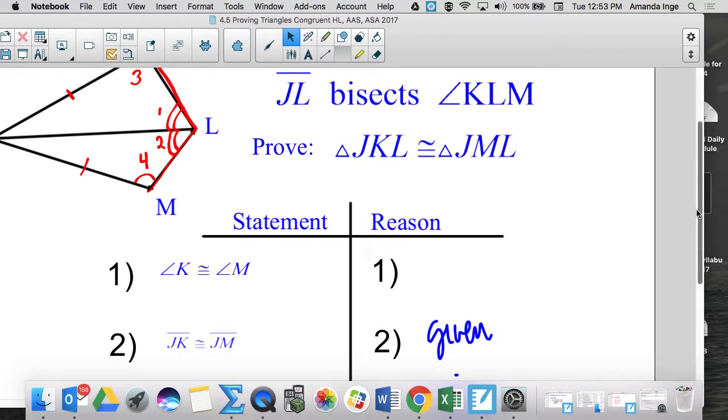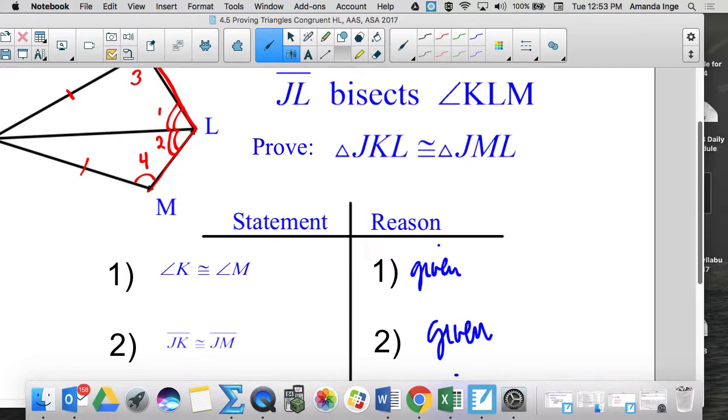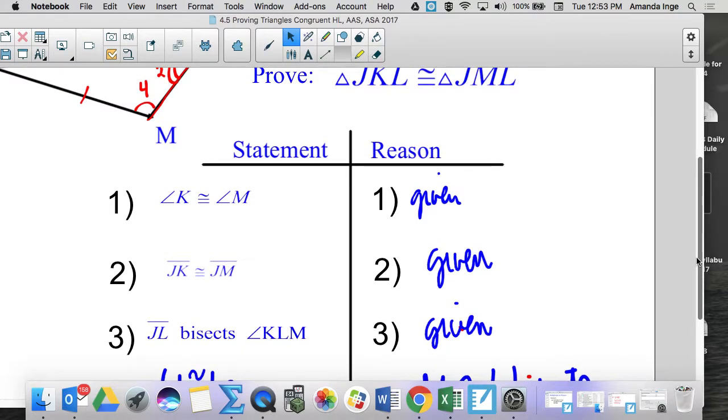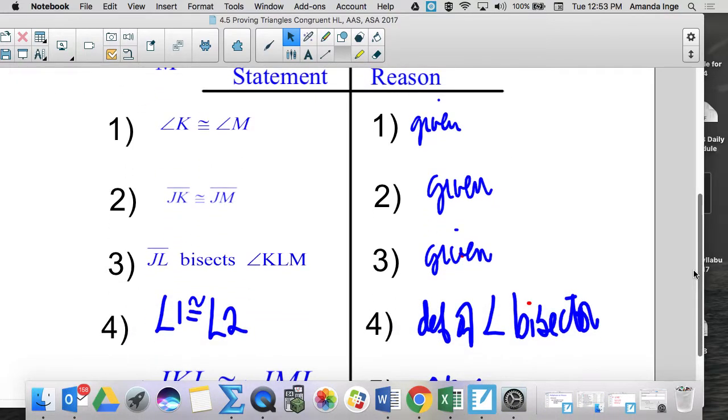So we said that angle K was congruent to angle M. That was given. We said that JK was congruent to JM. That was also given. We said that JL bisects angle KLM. That's given. From this information, we got that angle 1 is congruent to angle 2 as a definition of angle bisector.